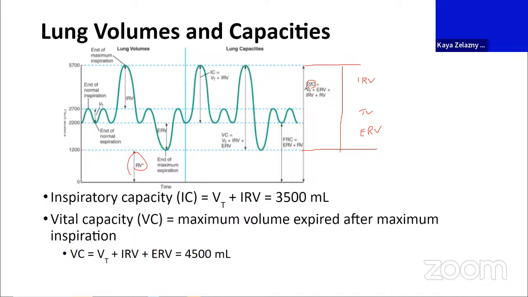We're thinking about capacities as full breaths in, or just all the air you can move, or all the air in the lung. So when we're thinking about a capacity, it may be overlapping. And the best way to do it is to just think about adding together those non-overlapping volumes to get the capacity, because then you don't have to worry about comparing capacity and capacity.